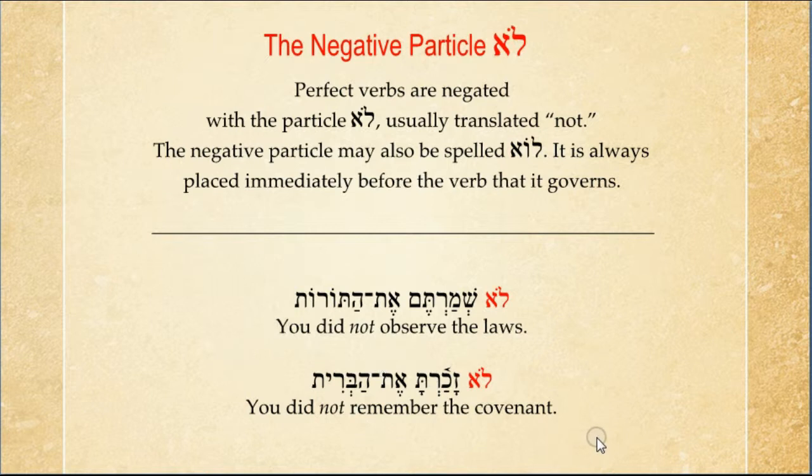But this little particle will appear in front of verbs and basically will flip the meaning of the verb. So if the verb means remember, it will say remember not. Did not remember. So this is the opposite. So I just want you to be aware of that, because as you get into reading those verbs in actual sentences, you will encounter the negation. So that's pretty much the overview of the main content of this chapter.